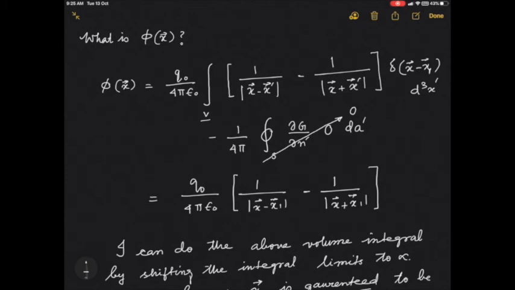Remember x1 is the position of the charge in my problem, in my Poisson problem, and that charge is obviously inside my volume. That's how the problem is defined. So if that is inside my volume, I have only one charge. If I would have had 5 charges, all 5 charges are also inside my volume. If all the charges are inside my volume, there is nothing else outside.